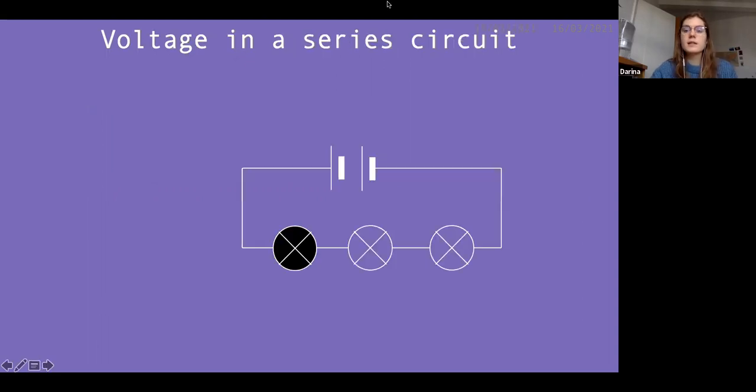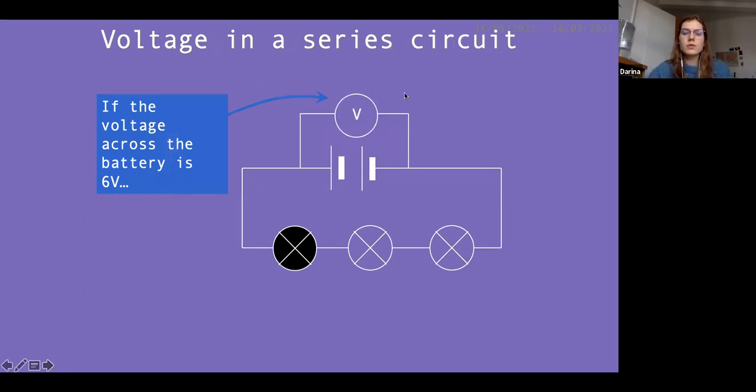Right, so let's think about voltage in a series circuit context and then in a parallel circuit context. So firstly, we've got voltage in a series circuit. If the voltage across the battery is 6 volts, can anyone answer what would the voltage be across this black battery that I've singled out at the bottom?